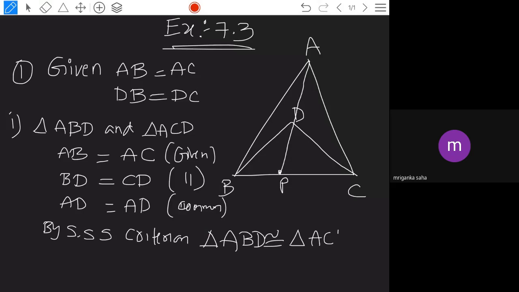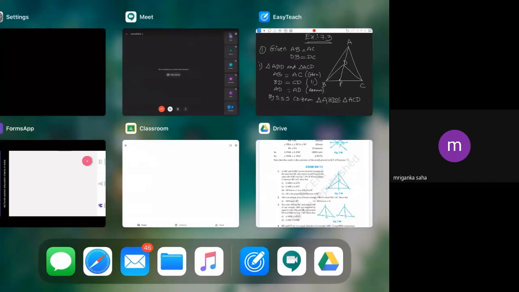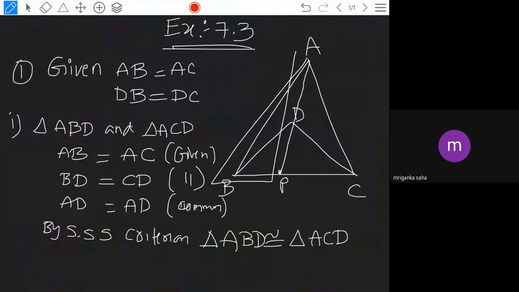Isn't it? Now what is it asking you to prove? Next, ABP is congruent to ACP. So here what can you do?